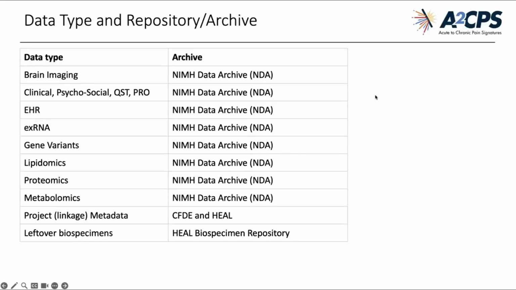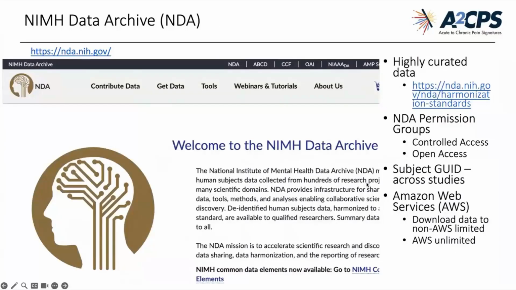All right. So these are all the major data types and where they are being deposited. Basically, everything gets deposited into the NDA, except for the project metadata, which gets submitted to CFDE and HEAL, and the leftover biospecimens. This is how you get to the NDA.